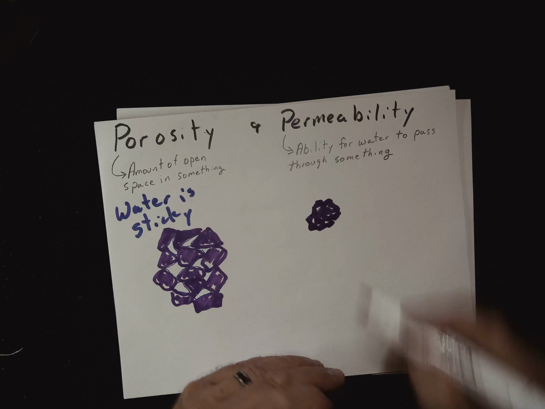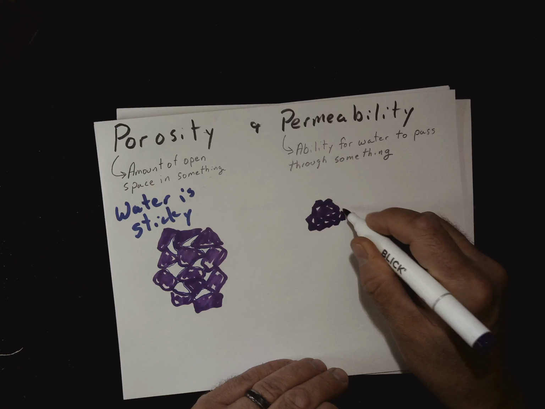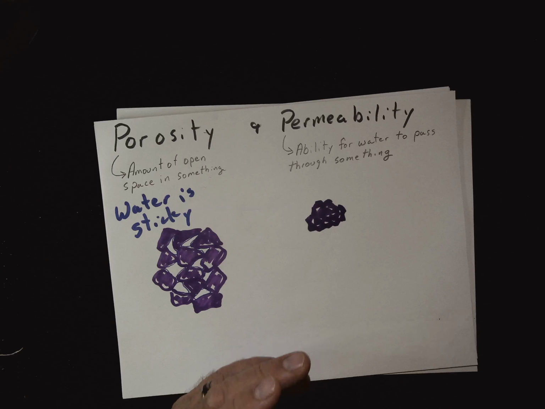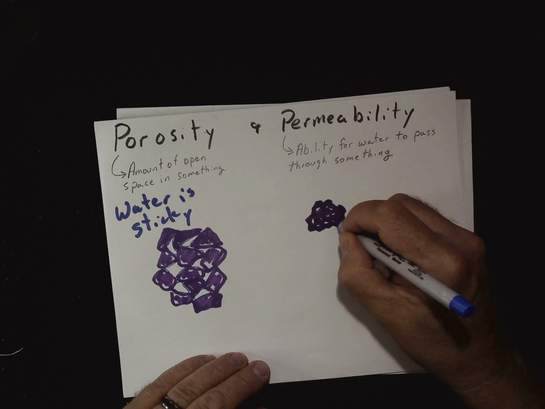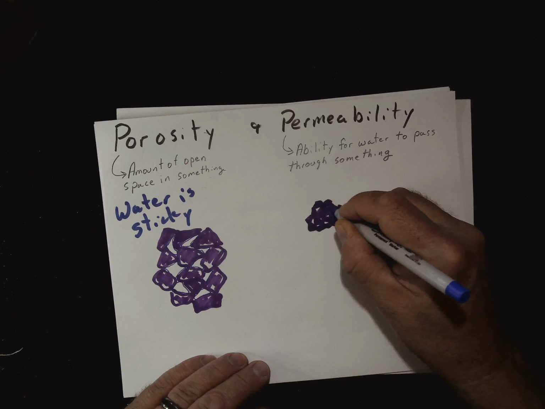Now, why does this matter so much? Well, we get back to the stickiness of water. So even though this rock is porous, once it gets wet, that stickiness of water completely fills the pore spaces. So there's no place for water to flow through.